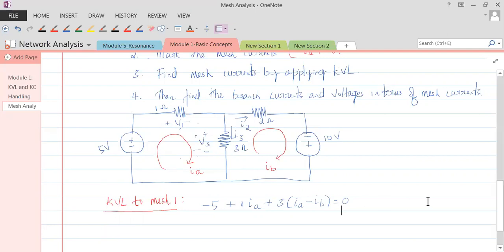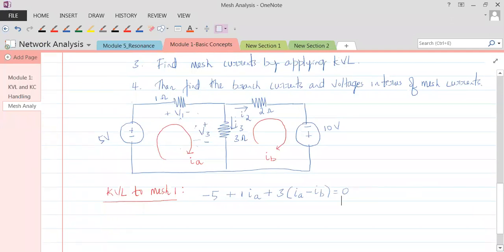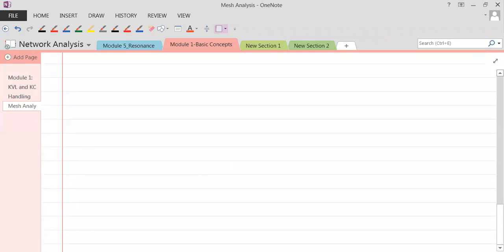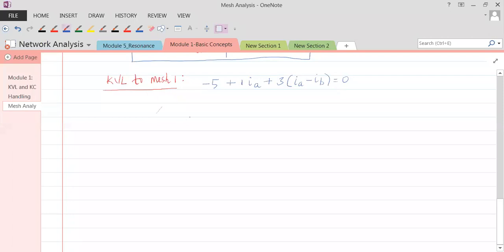Fine. Now bring this to the standard form. What standard form am I talking about? How many IAs are there? There are 4 IAs. Fine. How many IBs are there? There are 3 IB.